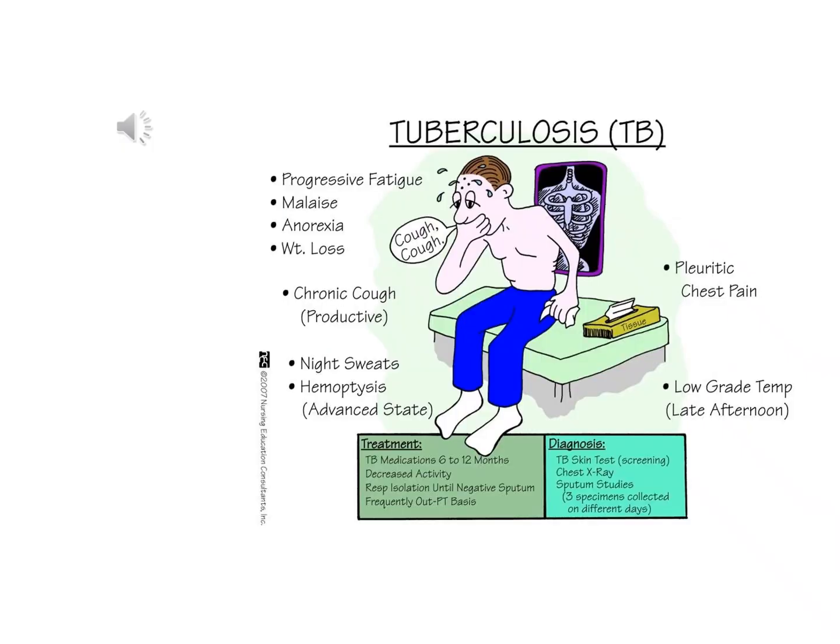Okay, so here's where we're going to go a little more in depth on tuberculosis or TB. This is a contagious bacterial infection. It is caused by the Mycobacterium tuberculosis bacteria. It most commonly affects the lungs, but it can spread to other organs.